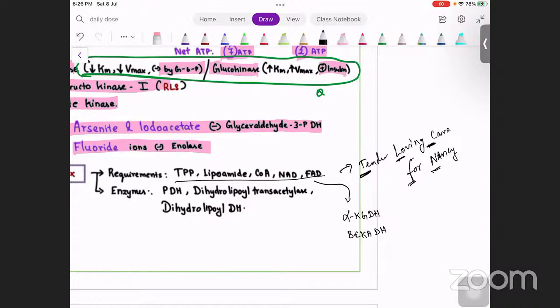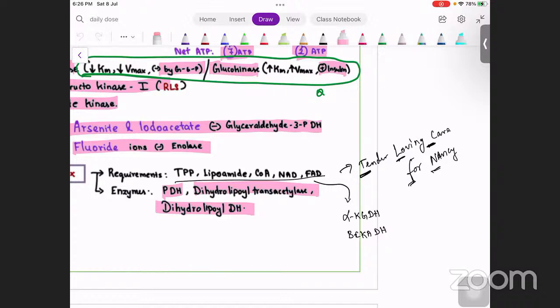What are the enzymes present in the PDH complex? One is the pyruvate dehydrogenase enzyme, then the dihydrolipoyl transacetylase enzyme, and the dihydrolipoyl dehydrogenase enzyme. Why did I write it here? I should have skipped the PDH complex, but there was a question in FMGE: all of the following enzymes belong to the PDH complex except.